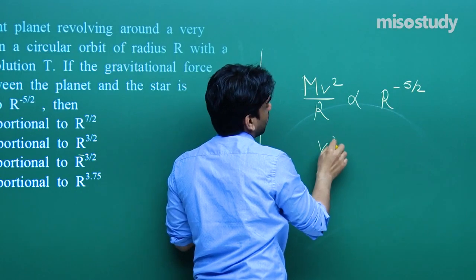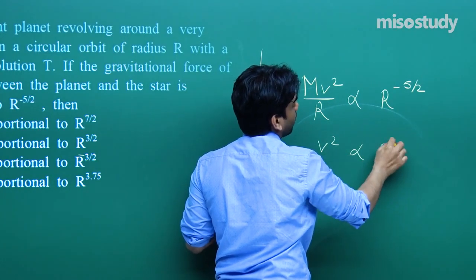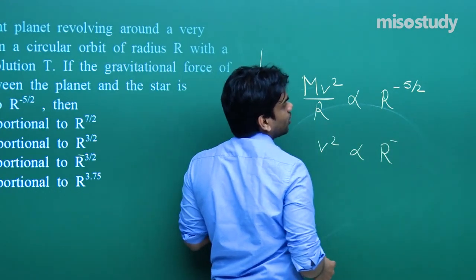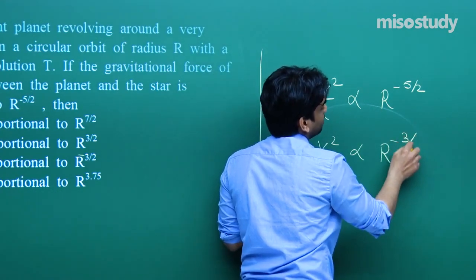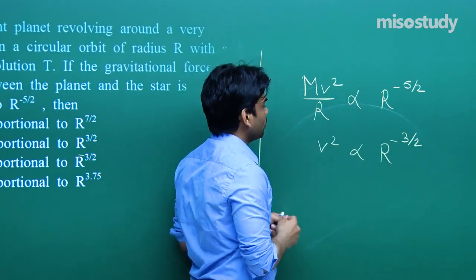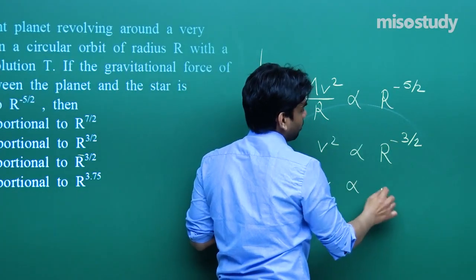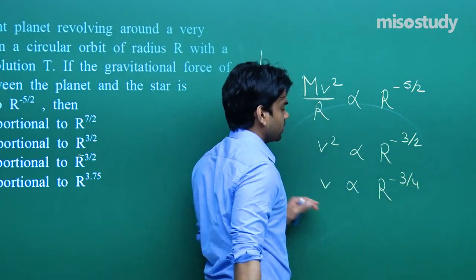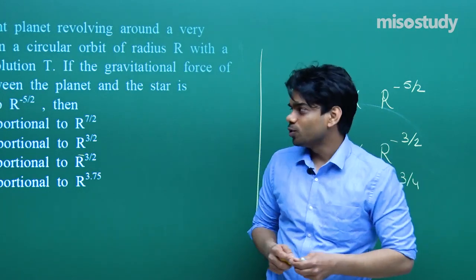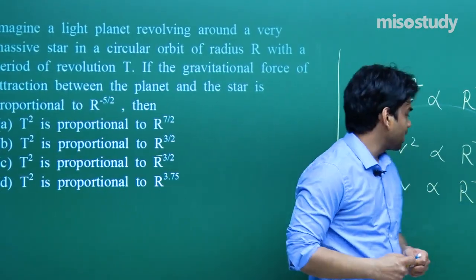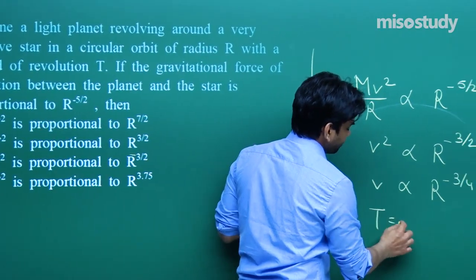We can write v square is proportional to r to the power minus 5 by 2, and this r is multiplied here, so you will have minus 3 by 2. Now v will be proportional to r to the power minus 3 by 4. Till here I believe it will be quite clear to you all. Now say we are talking about the time period. If we talk about the time period, what is it?